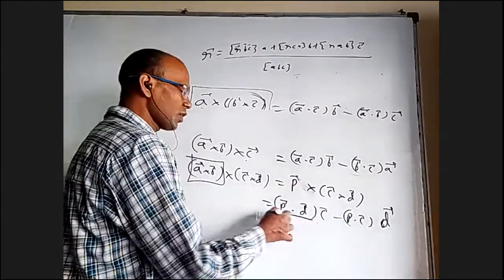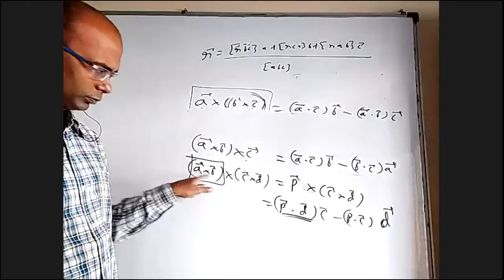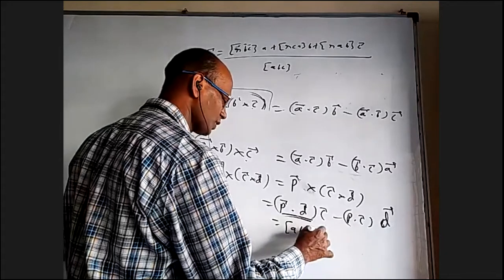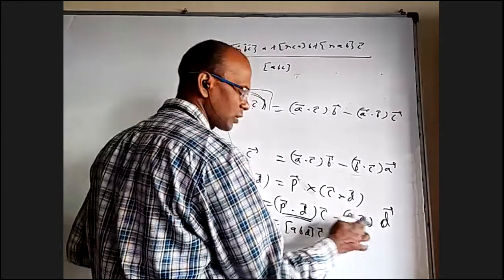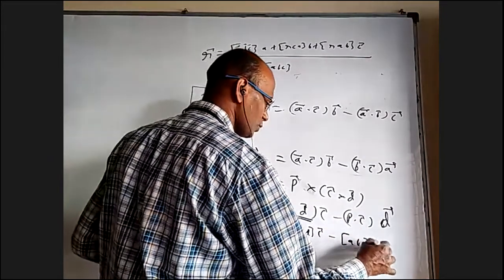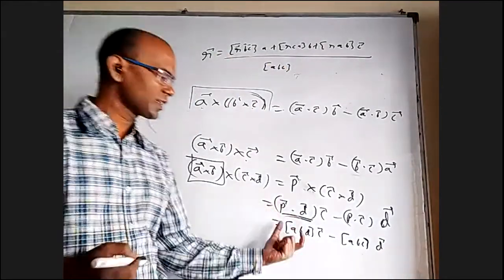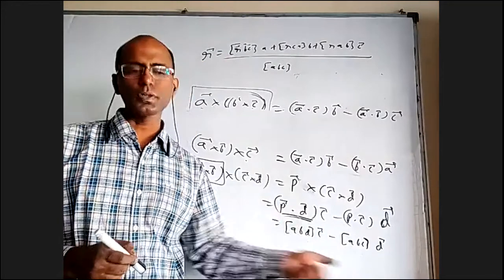But what is P dot D? What is my P? A cross B. A cross B dot D. So it is actually box ABD into C, minus A cross B dot C, box ABC into D. So we got an answer where it is some number into C bar and some number into D bar.